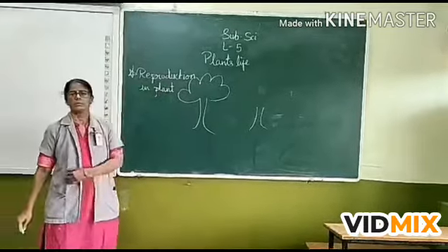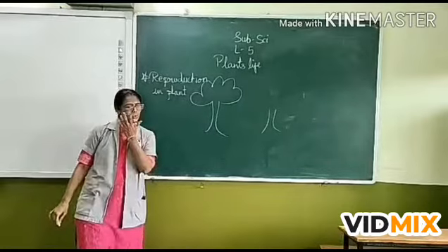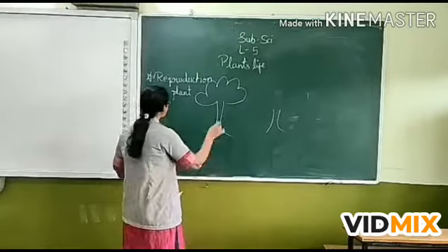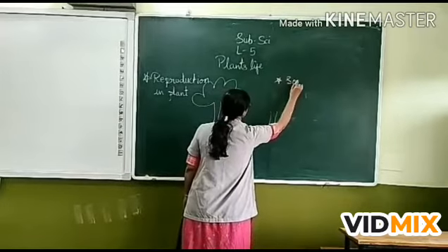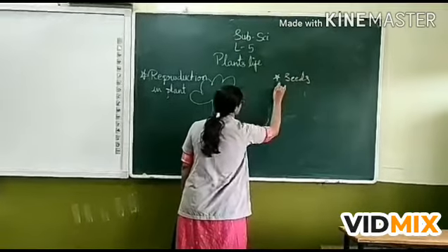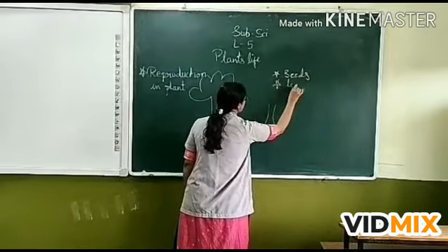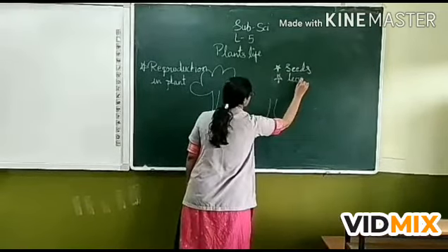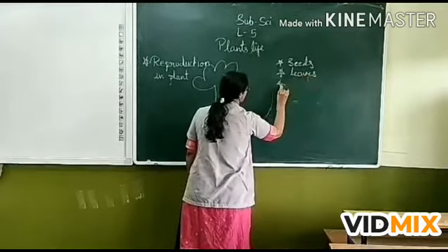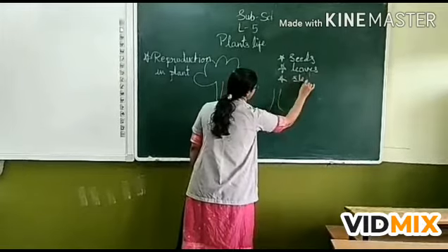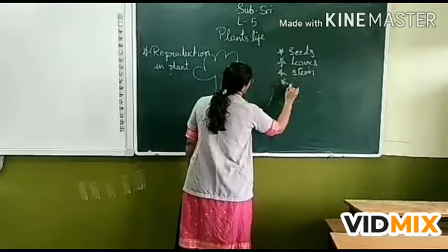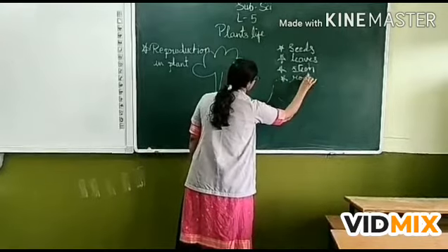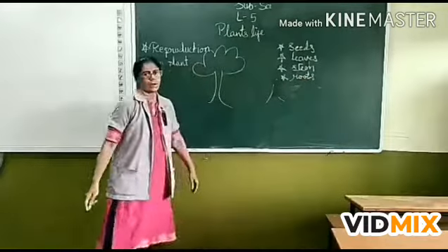In many ways, plants reproduce. Plants reproduce by seeds, then by leaves, stem, roots, and many others.